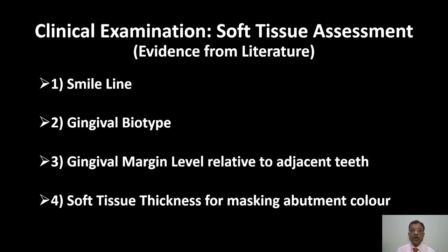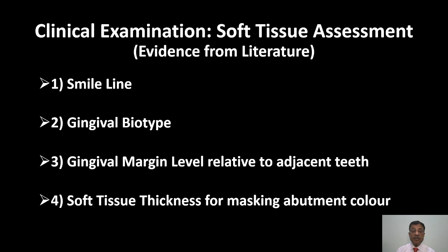In soft tissue assessment, we will assess the smile line, we will assess the gingival biotype and discuss the importance of gingival biotype, we will discuss the gingival margin level of the soft tissue relative to the adjacent tooth. We will discuss soft tissue thickness for masking the abutment color.